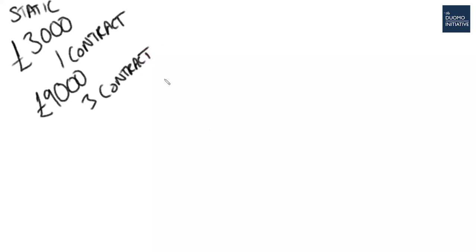Now, the problem with this is that you're not really managing your risk properly. You're basing your contract size on the amount in your account, but not on the trade itself. So certain trades will be more risky than others. Some might need a wider stop loss than others, and each time you're risking the same amount.